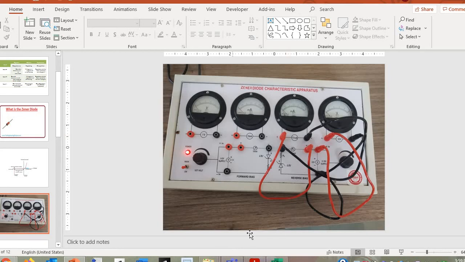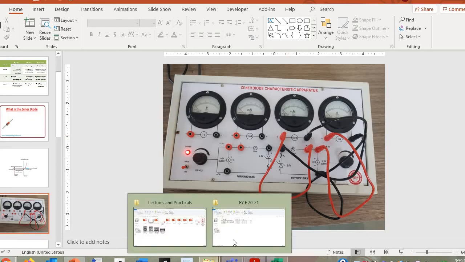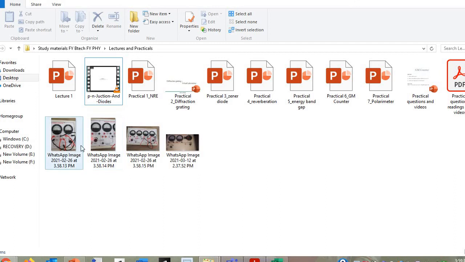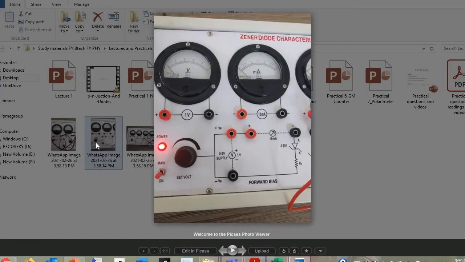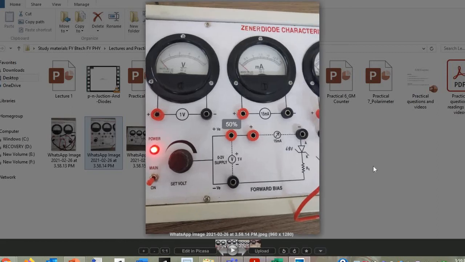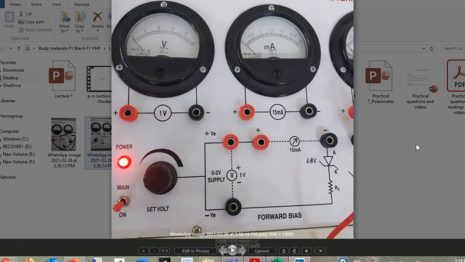Before going towards this, I'll show you the enlarged version of these meters and you have to calculate the observations. Is the lab manual with you right now, or maybe in PDF form? Downloaded form is not available with you right now?